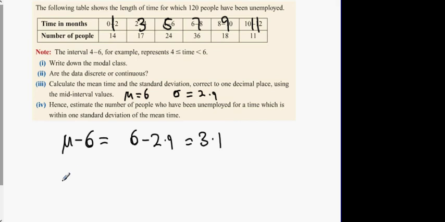And then mean plus the standard deviation, which is 6 plus 2.9, which is 8.9. How many people are in between 8.9 and 3.1?